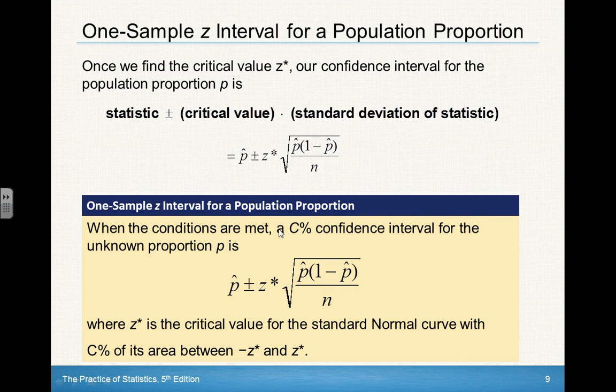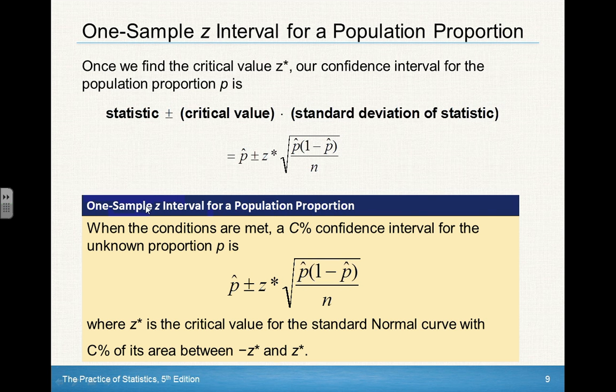Once the conditions are met, a C% confidence interval for the unknown proportion p is p-hat plus or minus z star times the square root of p-hat times 1 minus p-hat over n, where z star is the critical value taken from the standard normal table, with C% of the area between negative z star and z star. So that's the way I'm going to find the formula, provided that those conditions are met.